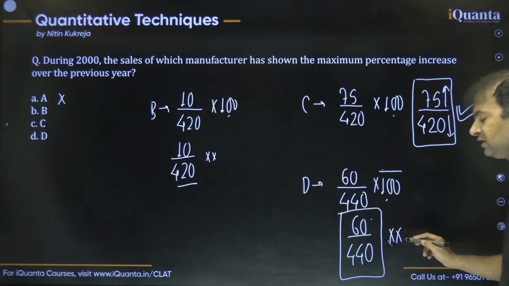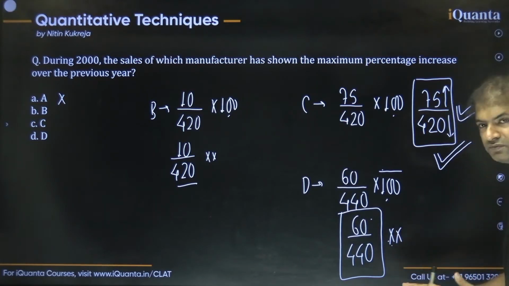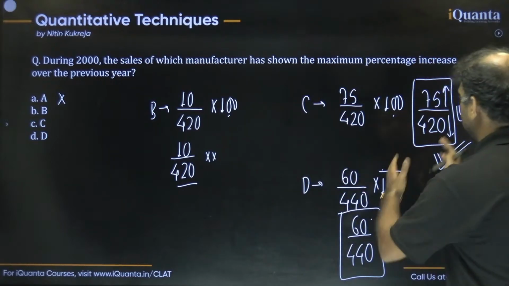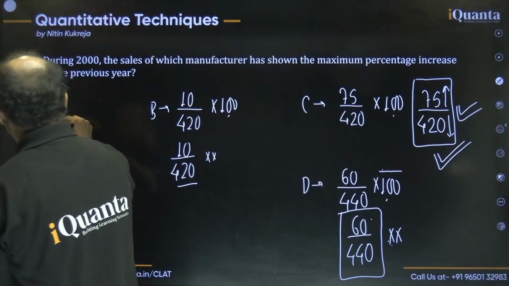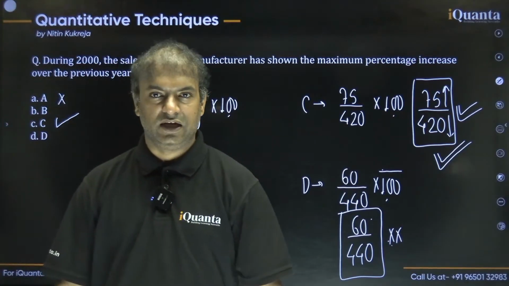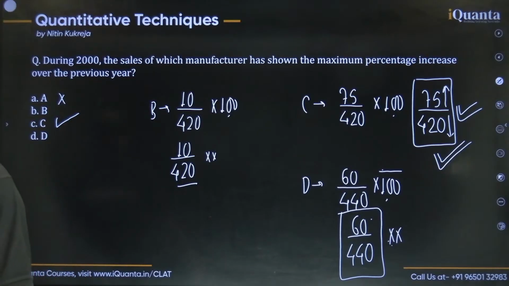So we can say overall this fraction is greater and this is smaller, and among all of them this fraction is greater, which comes from manufacturer C. So the answer also has to be manufacturer C. This is how we can do things faster. I hope you guys understood it. Everyone, did you understand this method? Just let me know.